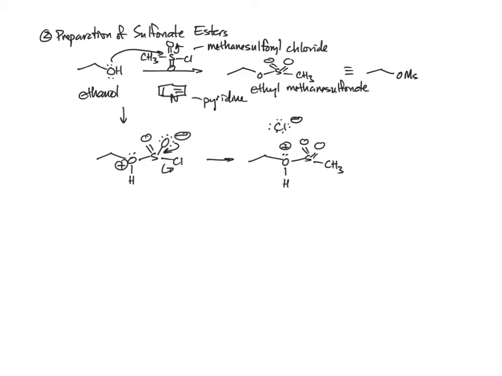The chlorine is not sufficiently nucleophilic that it will automatically come back and displace that as a leaving group by itself. So it's stable enough that this will sit there and allow the pyridine base at this point to come along and abstract that, so that we do end up with the methane sulfonate ester here, and then your byproduct that is coming out is the pyridinium salt.